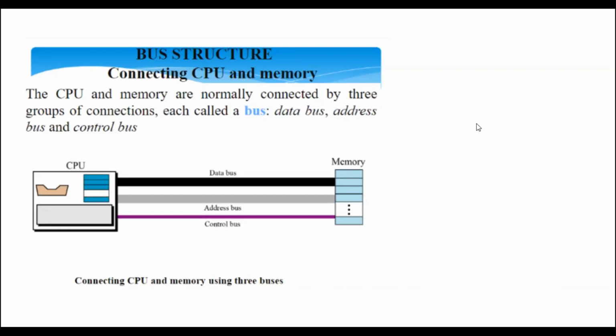A bus structure is a group of lines. As shown in the given figure, it is a group of lines that serves as a connecting path for several devices, called a bus. In addition to the lines that carry the data, the bus must have lines for address and control purposes.